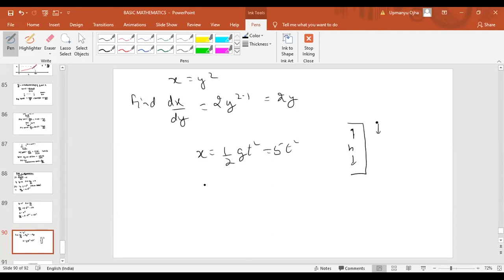So we can write here x equal to 5t square. This is a function here. Now if I have to find dx by dt, that would be equal to 10t to the power 2 minus 1, that is 10t. Okay, fine. I hope you understand.